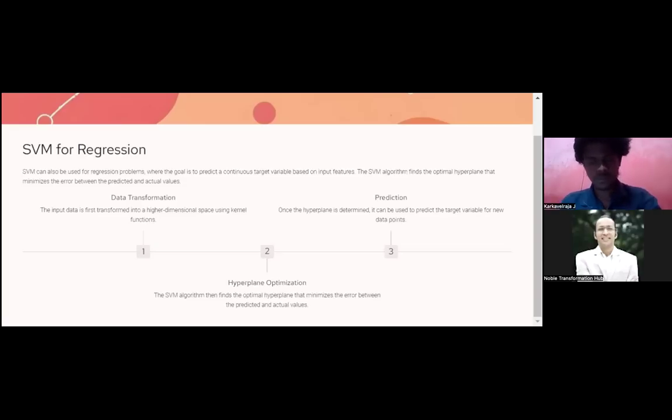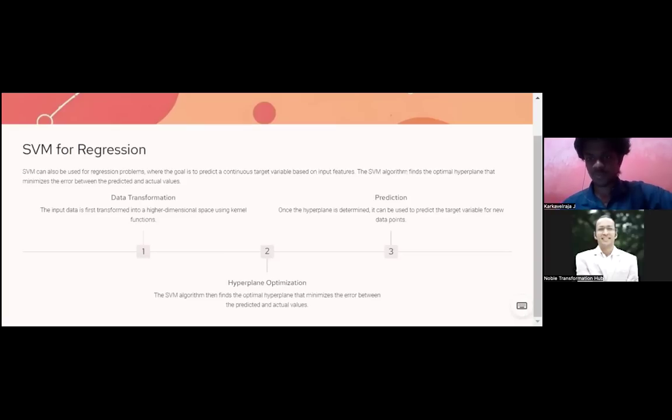So there is a sequential chronology. This is conceptually what and why happens in SVM for regression, but then you will see the mathematics of it and then the application. This is how SVM for regression behaves.